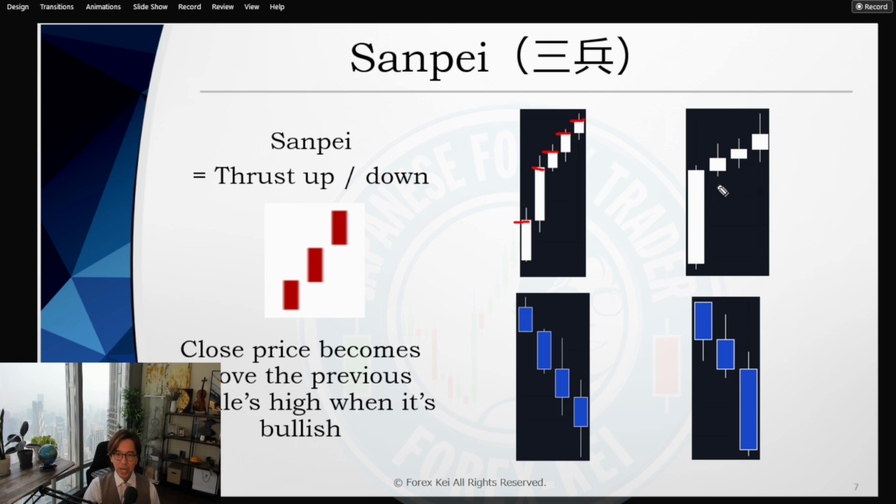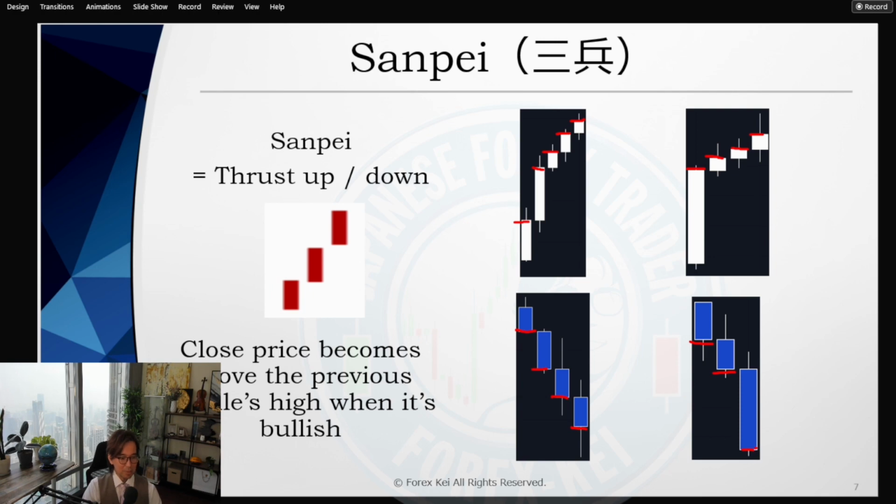And here too, you have bullish, bullish, and bullish candlesticks, so this is also a Sanpei pattern. And here are bearish examples. The prices are renewing lows, lower on each candlestick, and this is Sanpei. So it's pretty simple, and you can find many examples like this on the chart in any time frame.